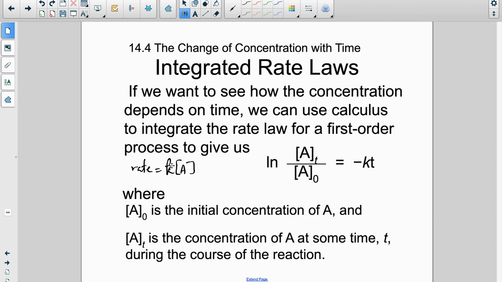A naught is the initial concentration of A. A at time t is the concentration at some point in time. k is the rate constant as before, and t is time.